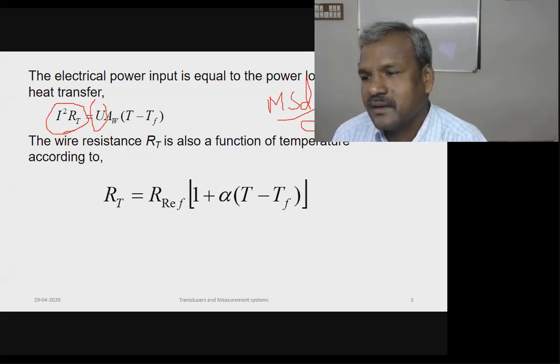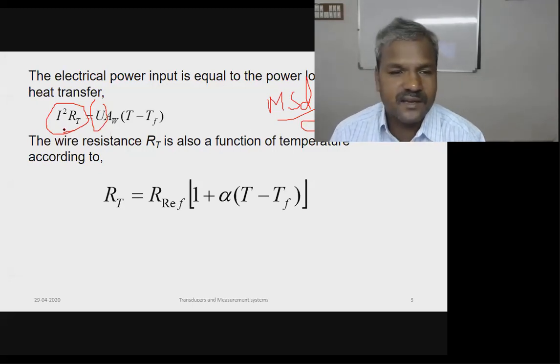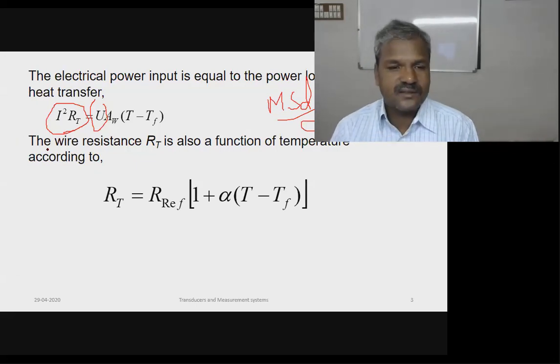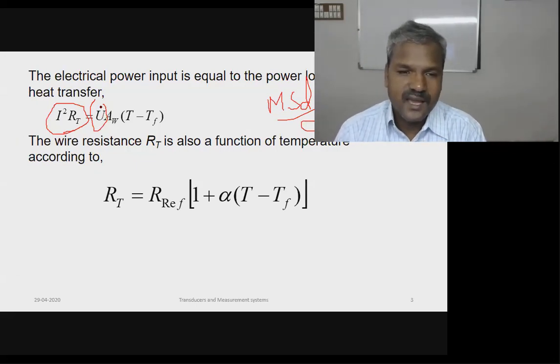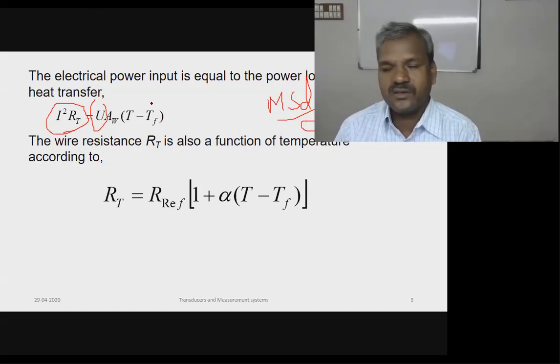So this we studied in RTD. Here is a similar balance equation. That one is conduction, this is convection, in a gas or any liquid. So the convection equilibrium condition is the electrical power input equal to the power lost due to the convective heat transfer.